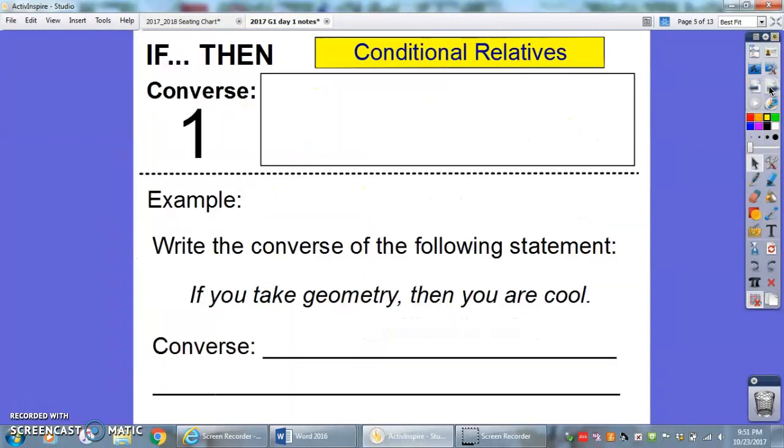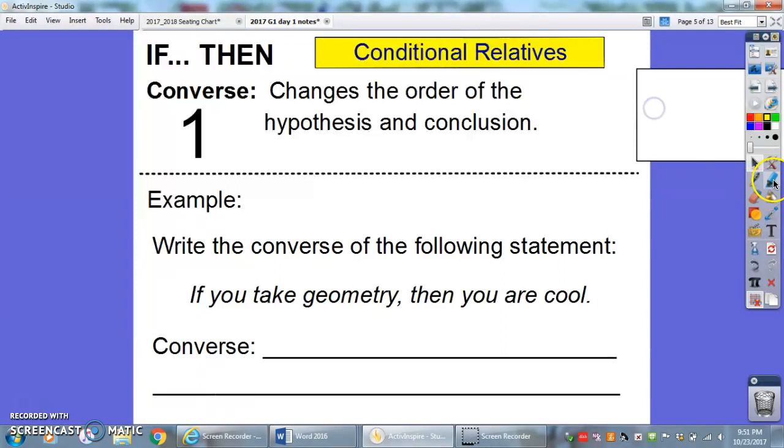The first conditional relative is the converse, and that will change the order of the hypothesis and conclusion. We're going to try one down here: write the converse of the statement. First we figure out our hypothesis and conclusion. You take geometry is my hypothesis. My conclusion is you are cool.